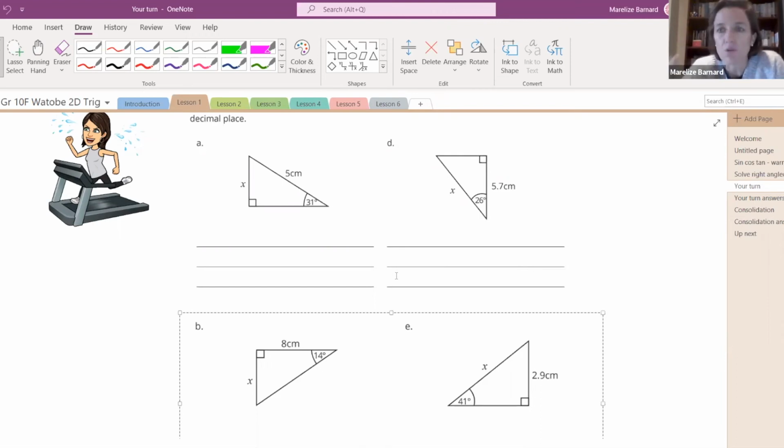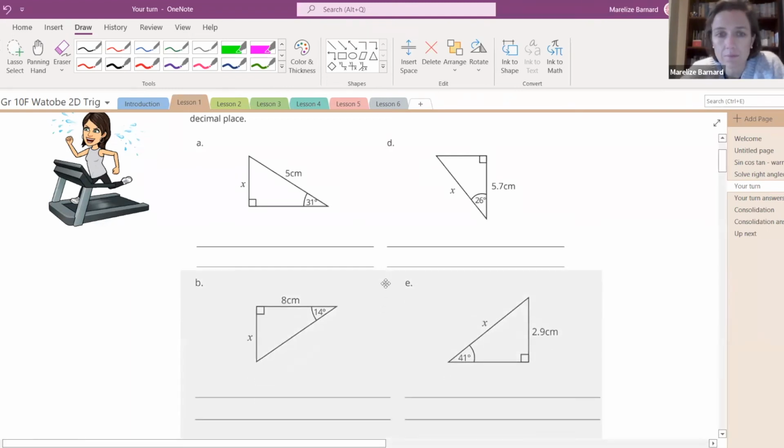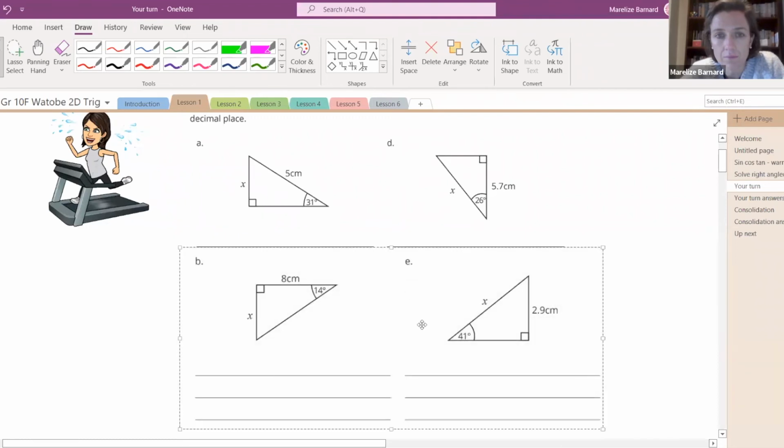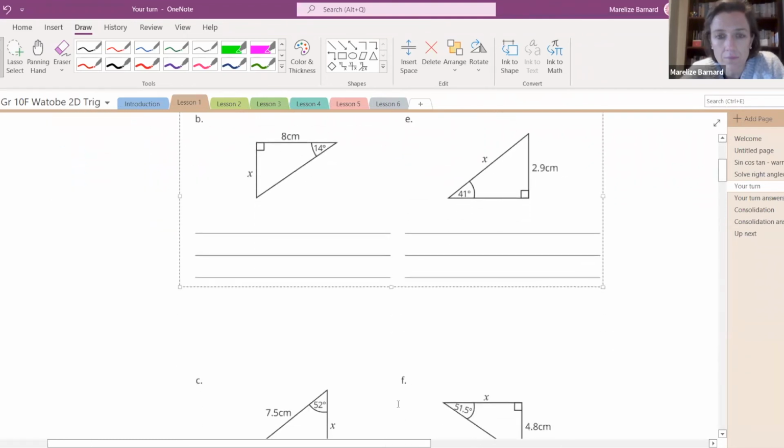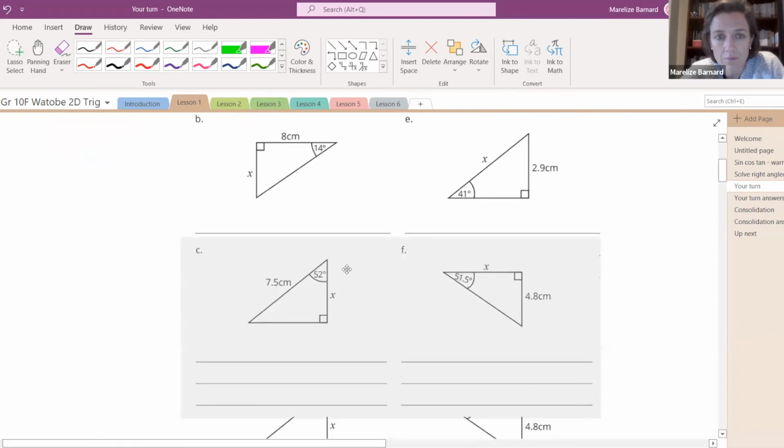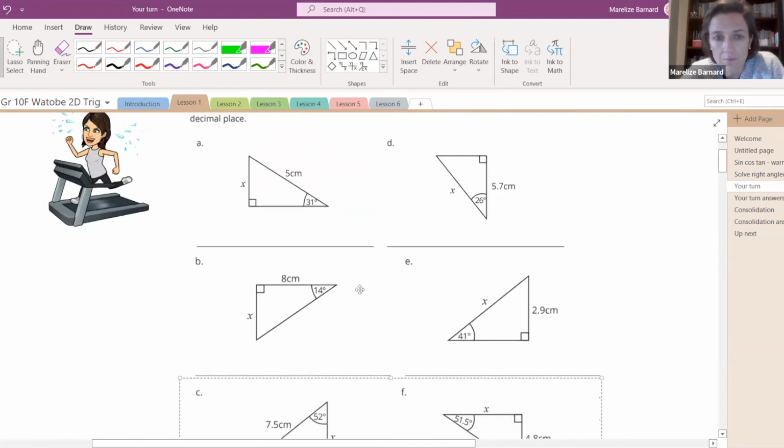So now you have to solve for x. It's not sine of x. Oh, so I'm supposed to first work out sin 31 degrees before I can change the sides and numbers to the other side.